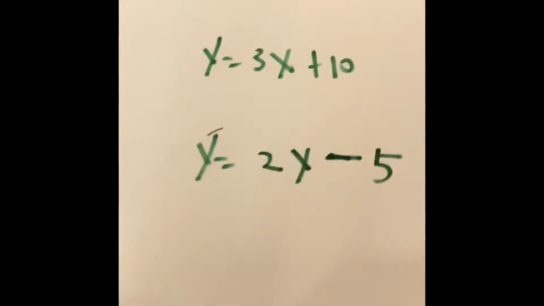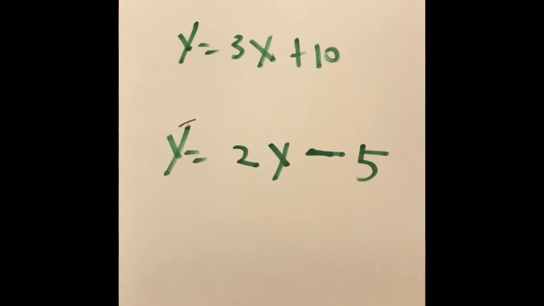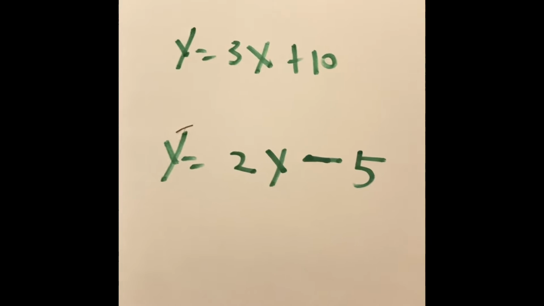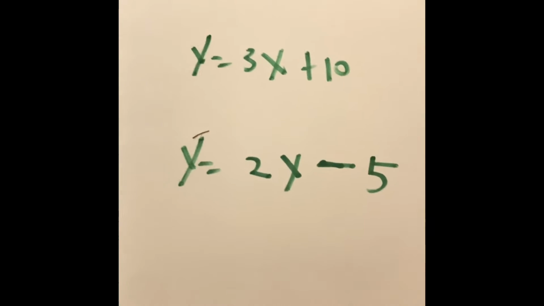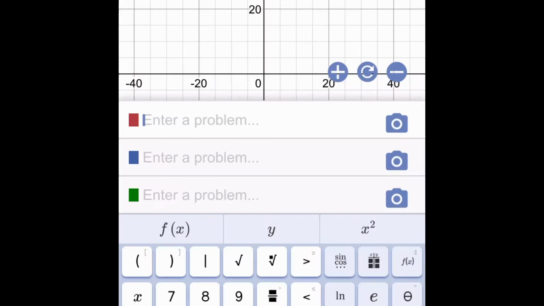With the first one, we have two equations, y equals 3x plus 10 and y equals 2x minus 5. Let's graph those on a graph.